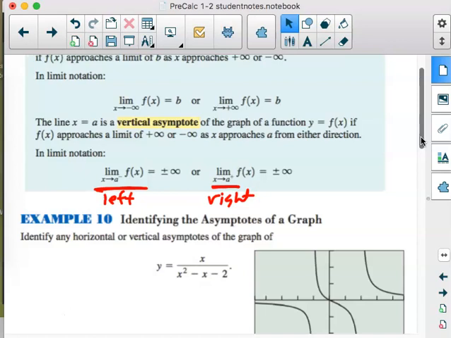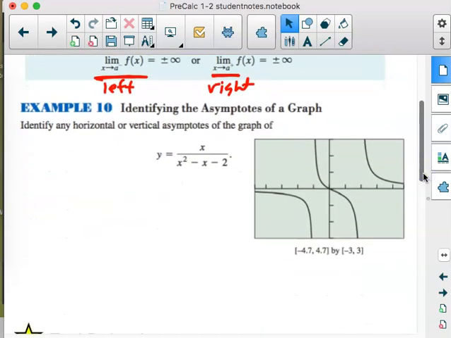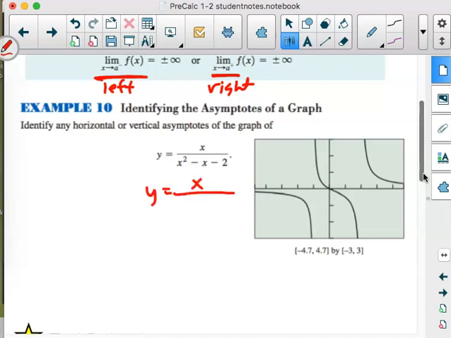All right. So this one has us going back to talking about our asymptotes, and we want to identify any horizontal or vertical asymptotes of this graph. And we can't help it. We tend to go right away to what we learned last year that we just had reviewed. And that's going to be, what are the zeros of that denominator? And so the hope is, hey, is x squared minus x minus 2 something that's factorable?